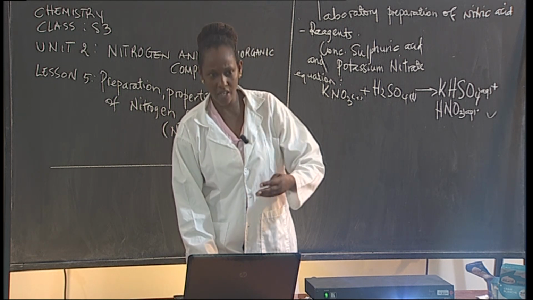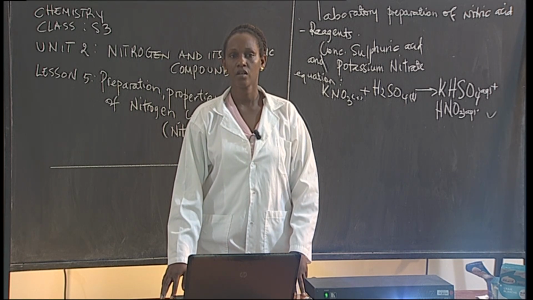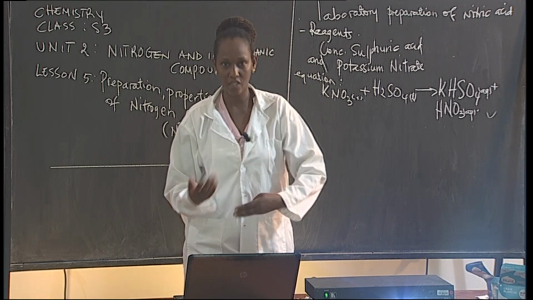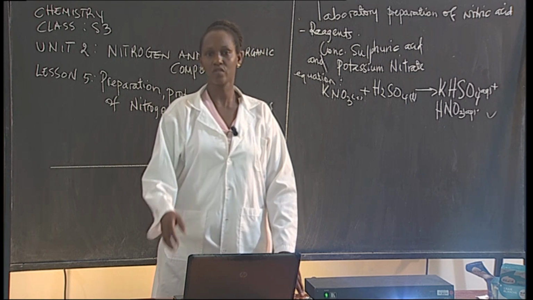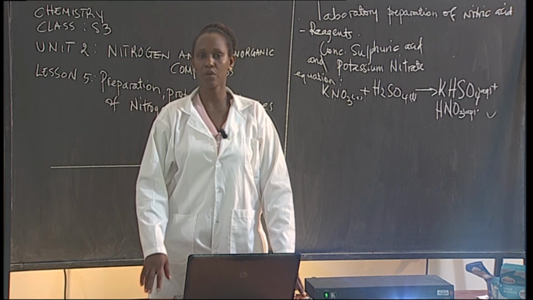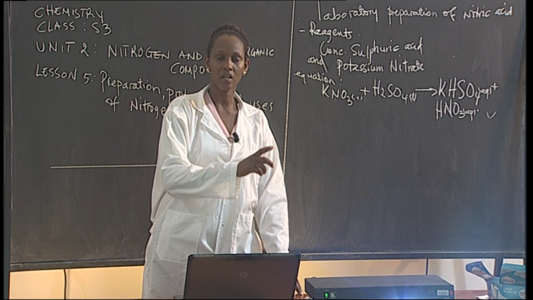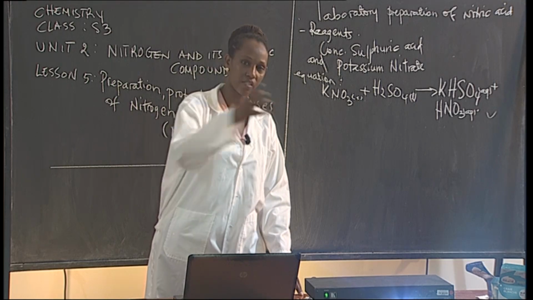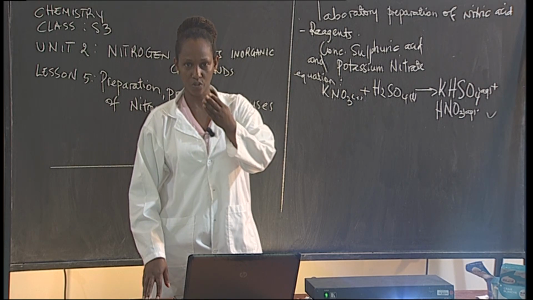So the unreacted ammonia and nitrogen monoxide are recycled, back into the compressor to do what? To react again, to be oxidized again so that they can form enough nitric acid. We just don't leave them like a waste product. All right? So the unreacted ammonia and the nitrogen monoxide are recycled. I think that is clear to you.